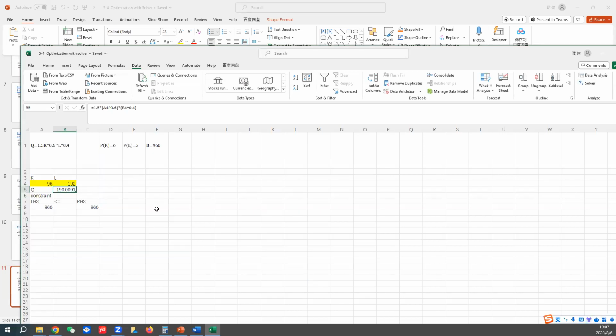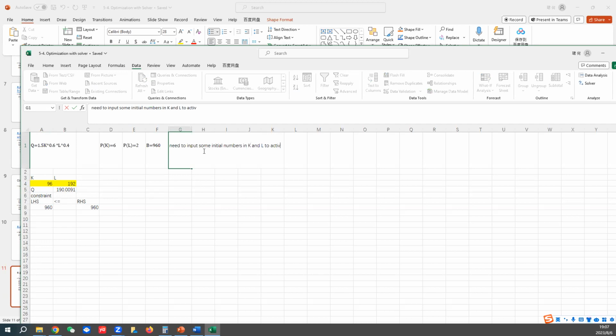Here we have the correct answer, which is 96 for K and 192 for L. You just need to input some initial numbers in K and L to activate the optimization calculation of Solver.